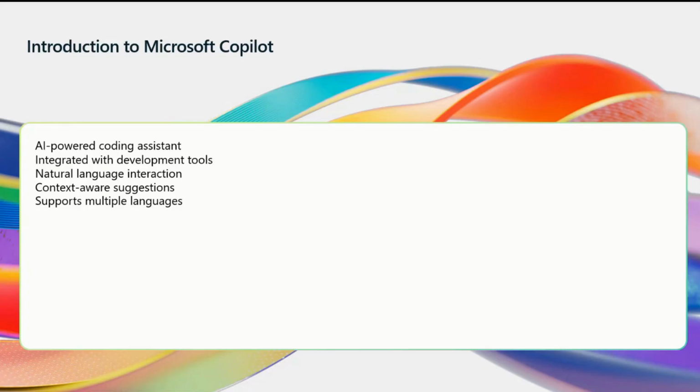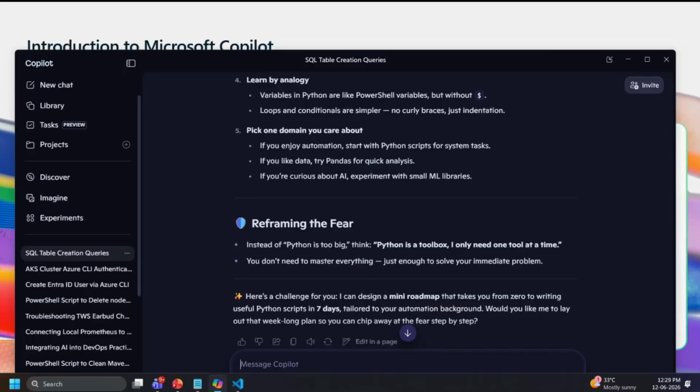If you use something like GitHub Copilot, it will understand what kind of project is currently open, what files are open, and based on that, it will generate the suggestion. It also has support for multiple programming languages. Right now, Copilot and GitHub Copilot both understand languages like Java, Python.